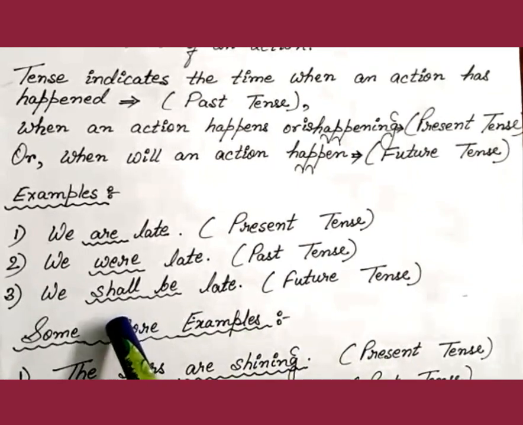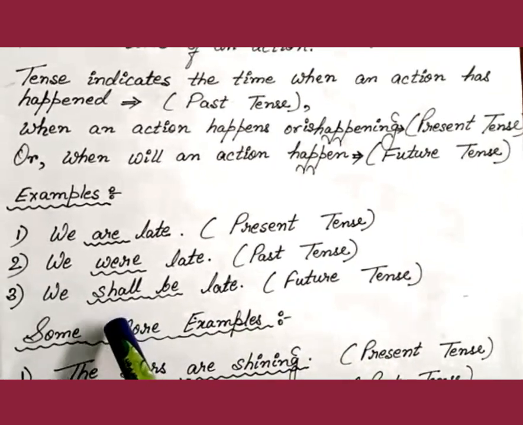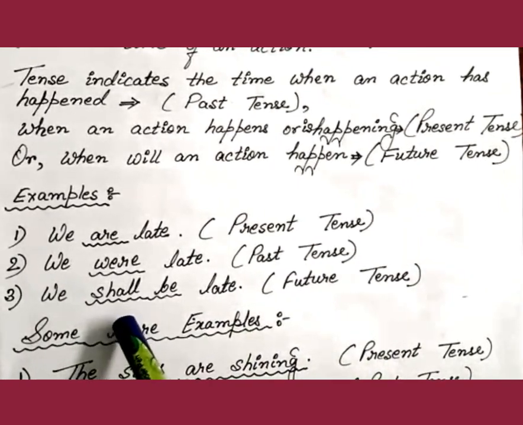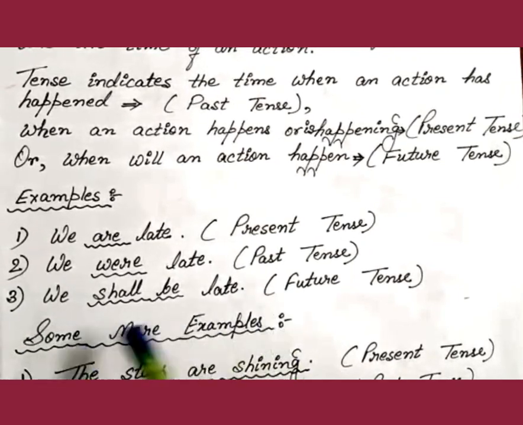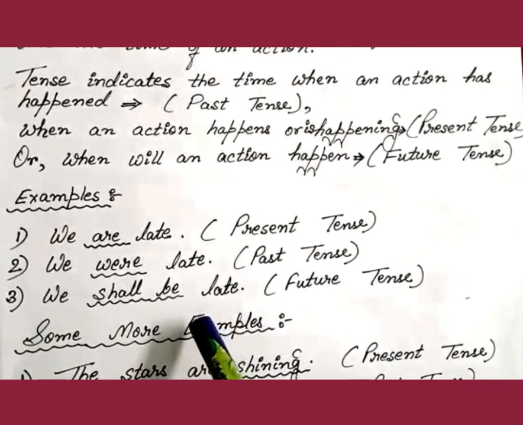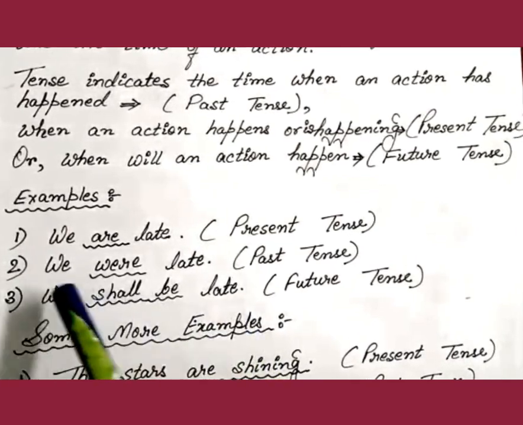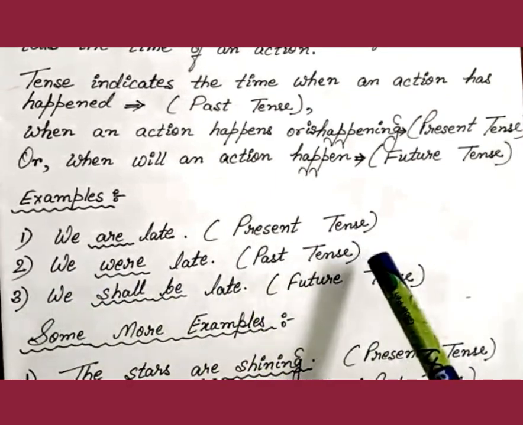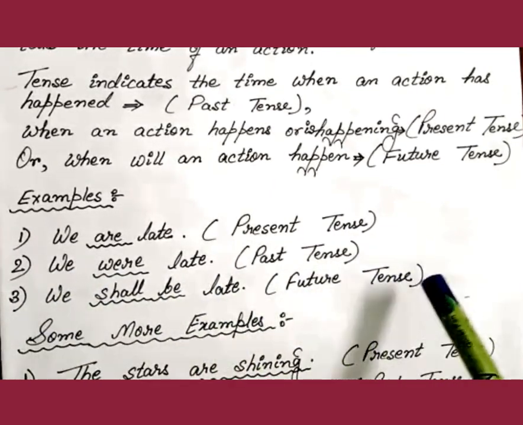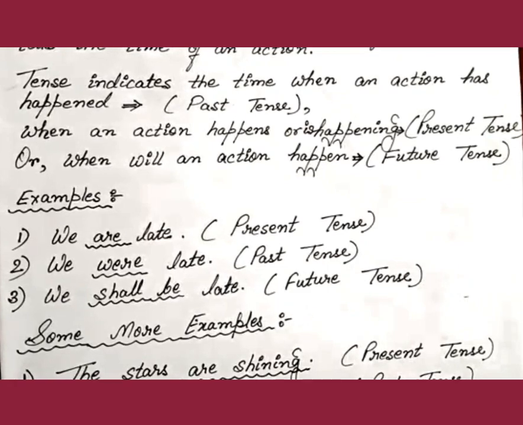So here, you can write shall, you can also use the word will. Both are correct and both are acceptable. So, we shall be late or we will be late. Both the sentences are acceptable. So, the first sentence is a present tense. The second one belongs to the past tense. The third sentence belongs to the future tense.